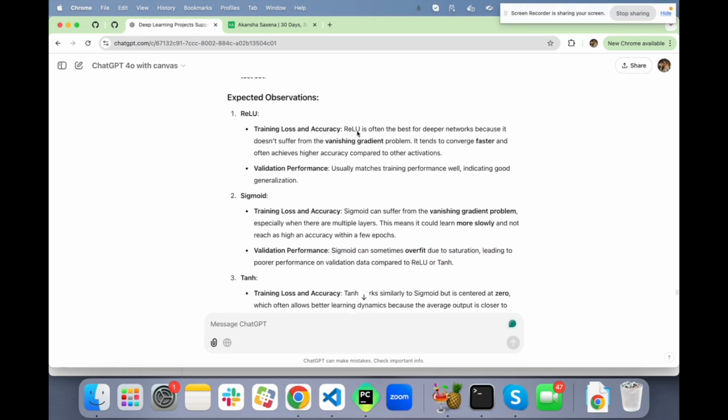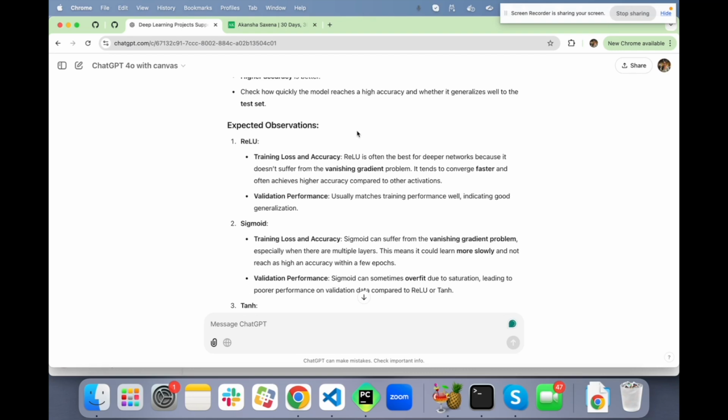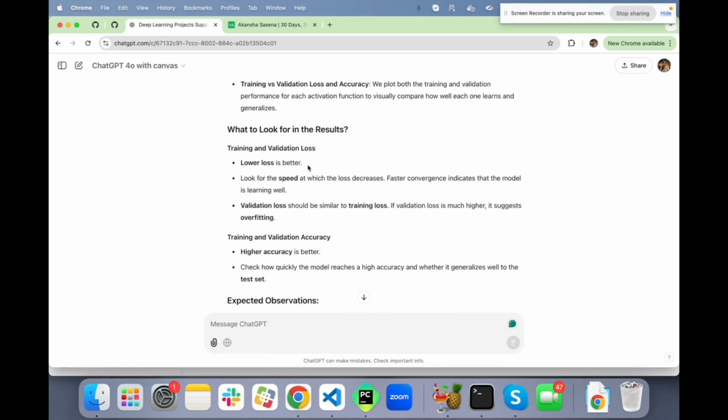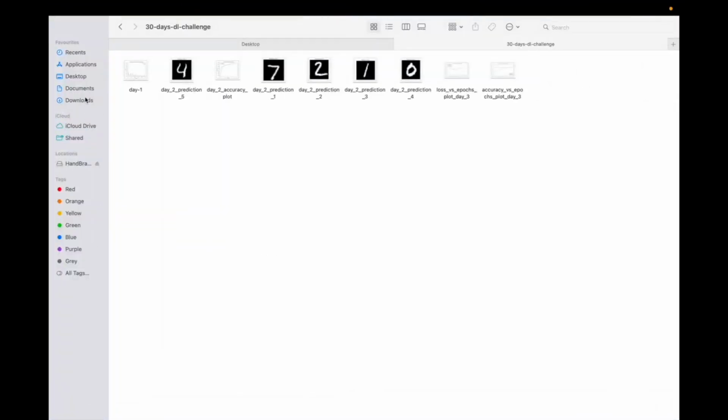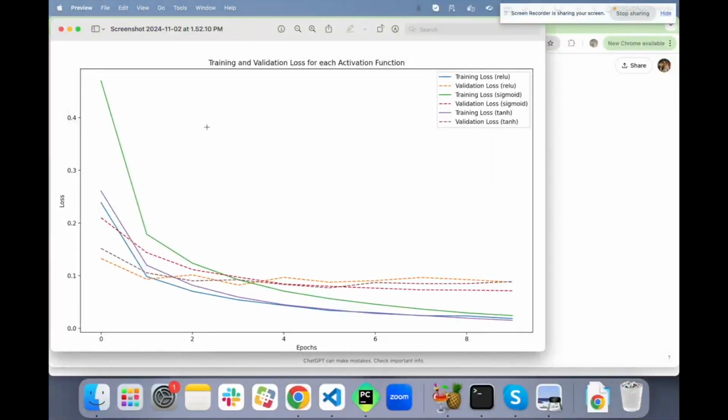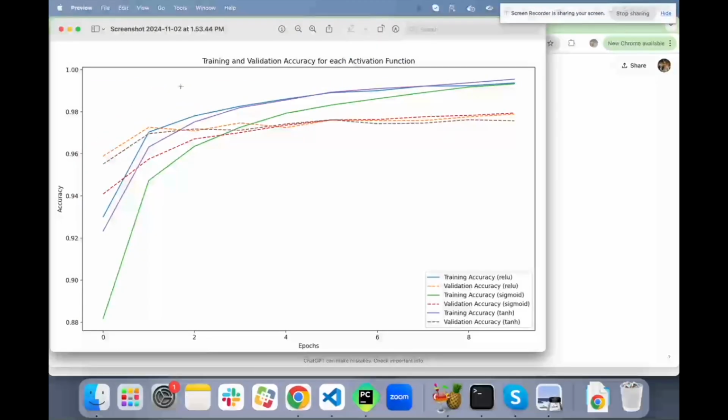So that is why it is saying rectified linear unit, because there is a sharp increase. And what to look for in the results? Less loss is better. It should achieve higher accuracy quickly. So if I go back to the desktop and open this accuracy, which one is achieving the accuracy faster?